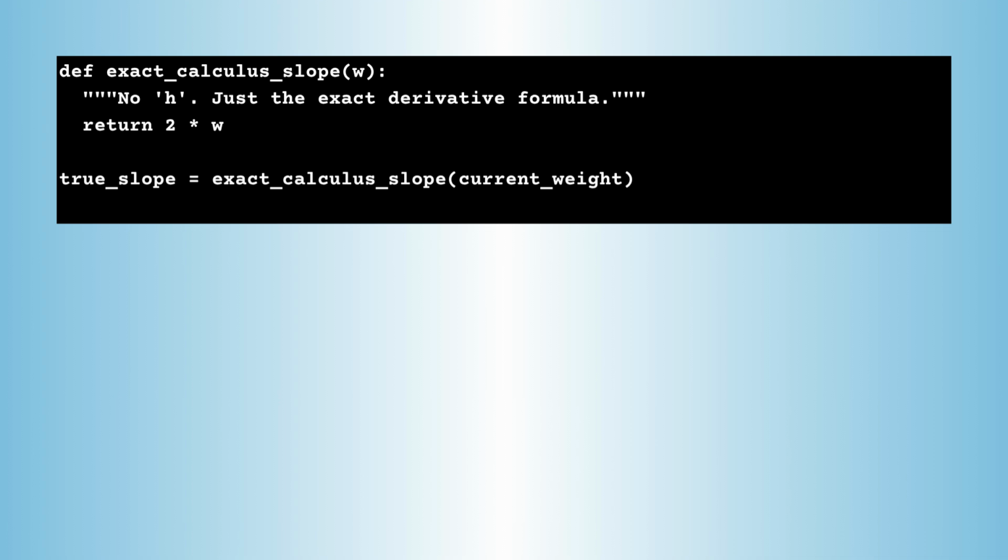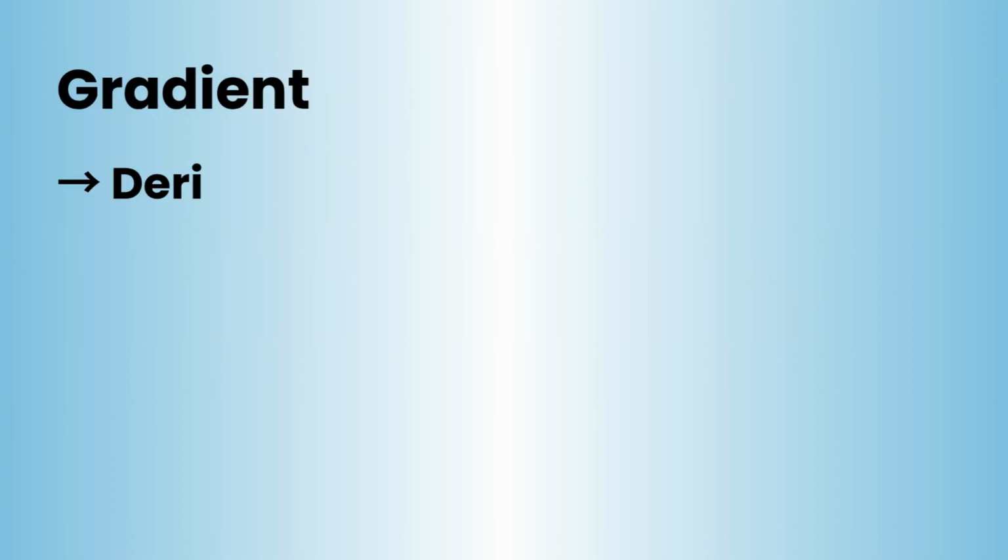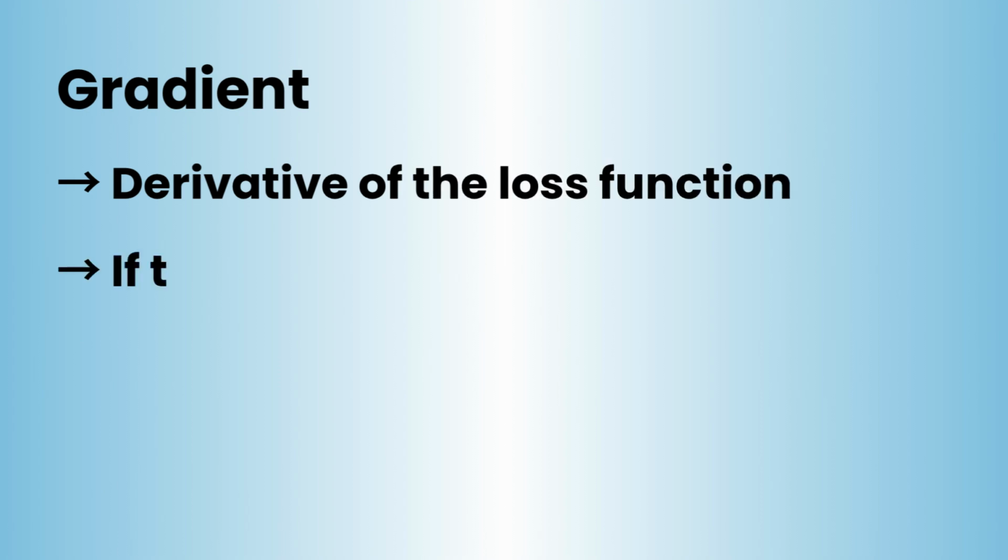If we plug our weight of 3 into this formula, the answer is exactly 6. Our original guess of 6.01 was incredibly close. But the calculus formula gives us the perfect exact answer with zero computational overhead and no server crashes. This exact formula is the derivative, and in machine learning we call it the gradient.